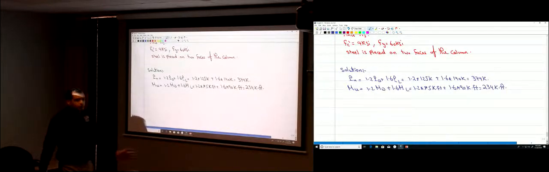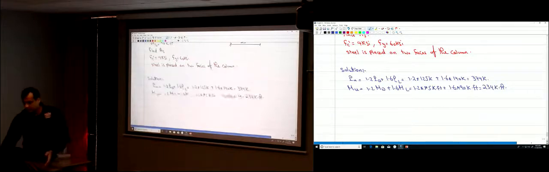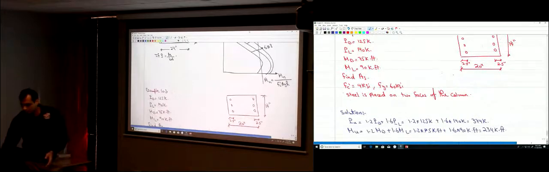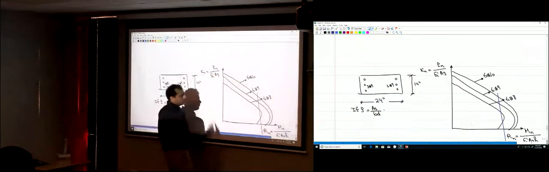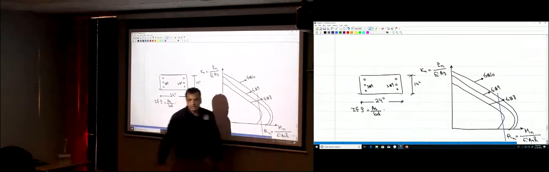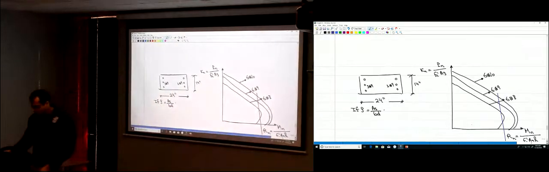Yeah, okay. For the normalization, you divide by the area and Fc prime. But what values do you divide by Fc prime and area? Pn and Mn, okay? Not P ultimate and M ultimate. As you see here, the curve that we drew was Pn, Mn, not including the factor of safety.